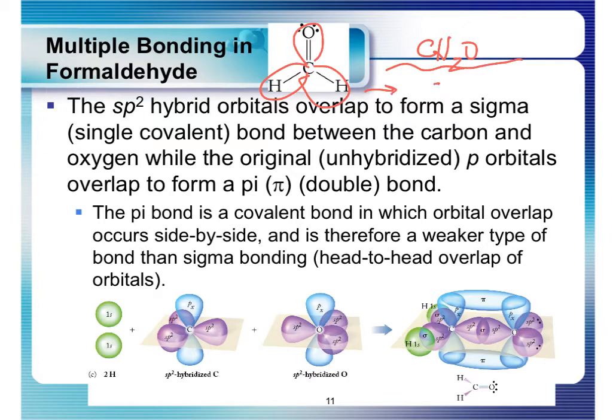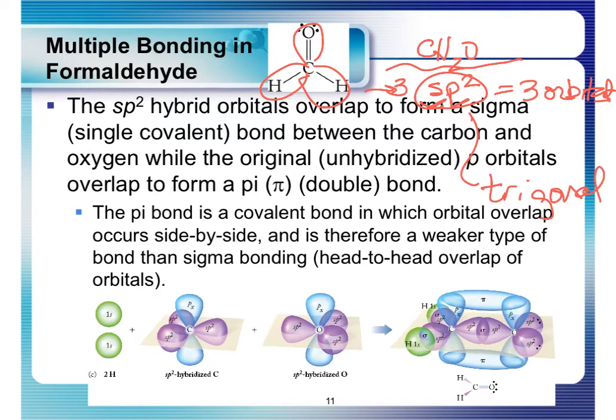If we have 3 domains, we need sp2 hybridization, right? Because that shows we started with 3 atomic orbitals, 1s and 2p. So that's 3 orbitals, right? So we're going to end up with 3 hybrid sp2 orbitals too, 1 for each domain. And again, the sp2 is associated with trigonal planar shape, of course, since it has 3 domains.